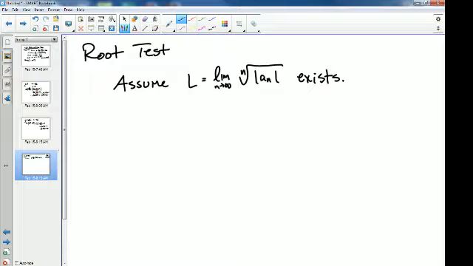It's absolute value. So we just called it L this time to distinguish it from the ratio test. Okay, if L is less than 1, what happens?